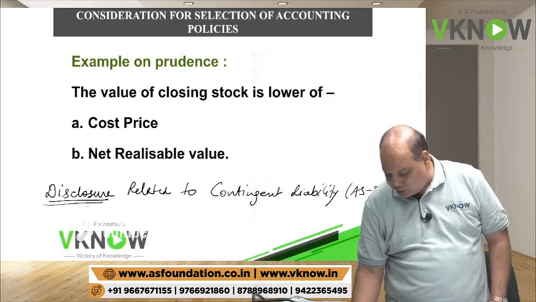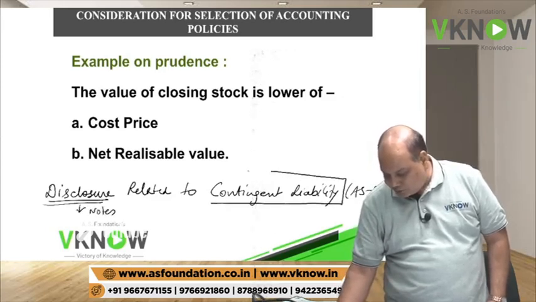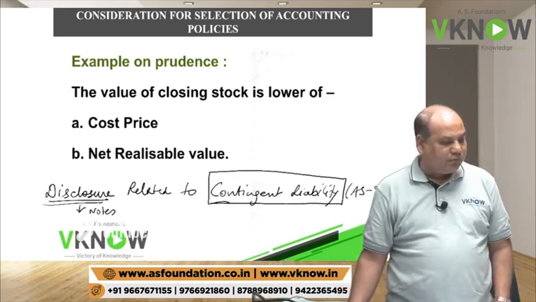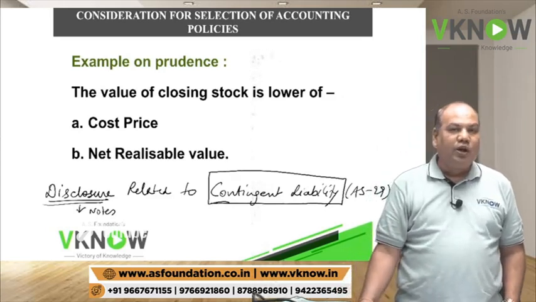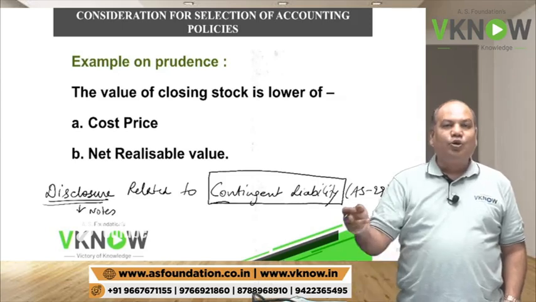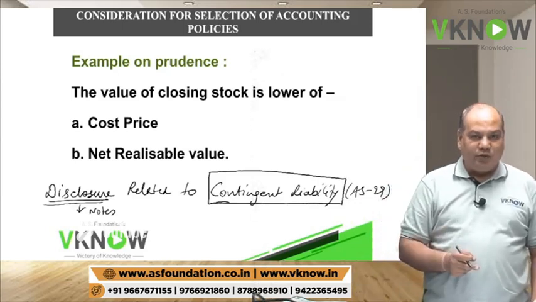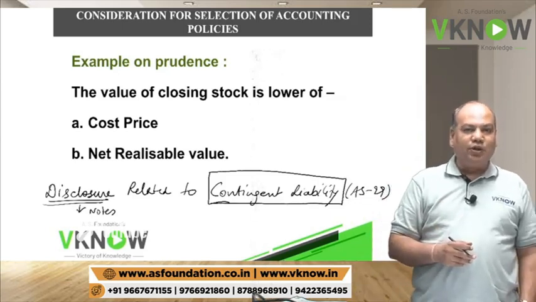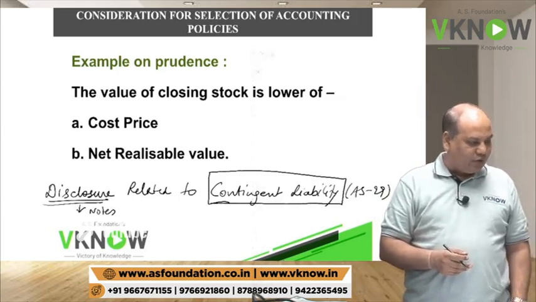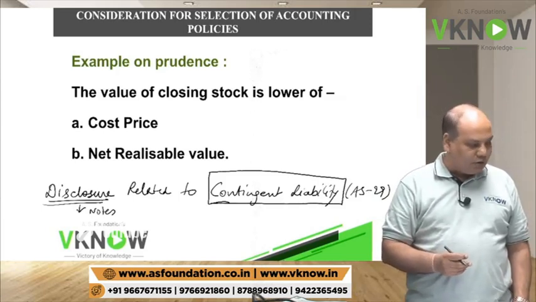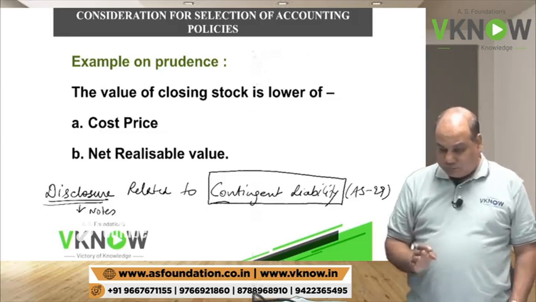Contingent liabilities are only disclosed in the notes. Liability which may or may not arise in future on the happening or non-happening of one or more uncertain future event, not wholly within the control of the enterprise. Oh, that was the long definition of contingent liability.